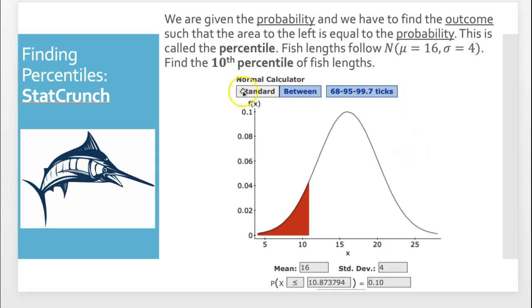We can plug this into the normal calculator, but order matters here. Before, I plugged in x and got out the probability. Now we're going to plug in the probability and get out the x. Let me show you how I do this in StatCrunch to make sure I get the order right.